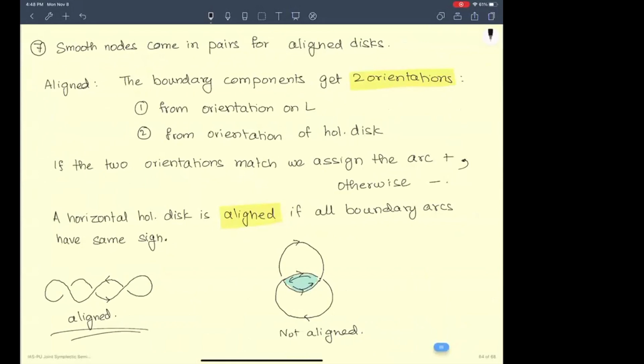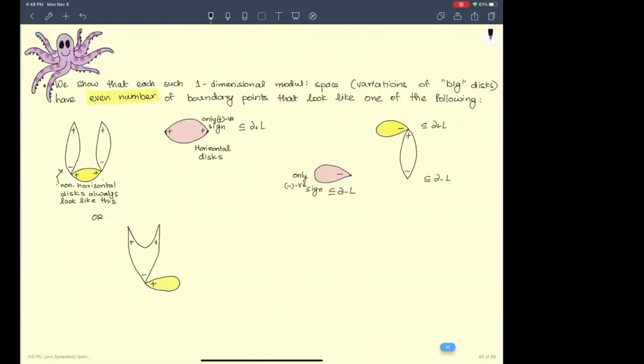Okay, but putting all of this together, we can show that these one-dimensional manifolds have to have an even number of boundary points that look like one of these. So either it's just a horizontal disk, the ones we start with, or it's a combination of horizontal and not-horizontal ones, but the not-horizontal ones have very strict sign conditions on them.